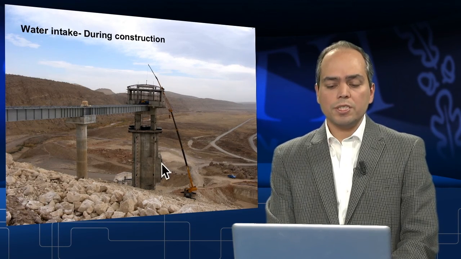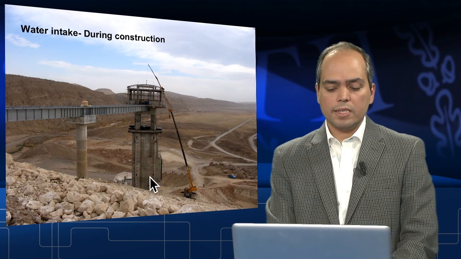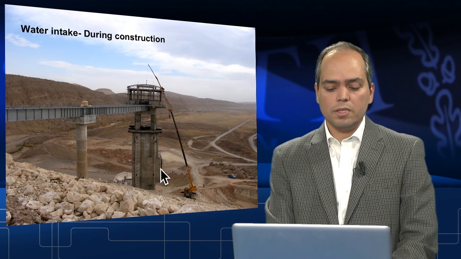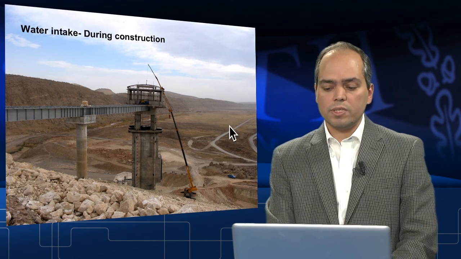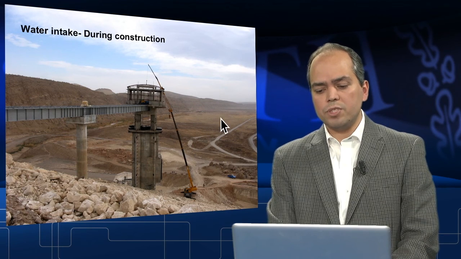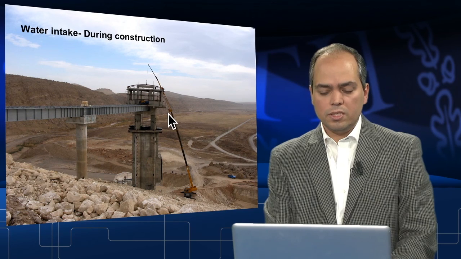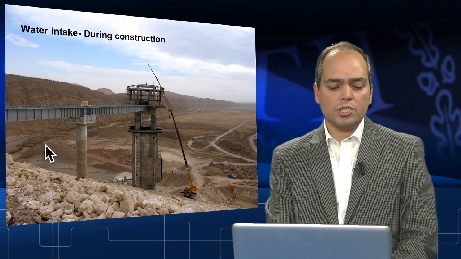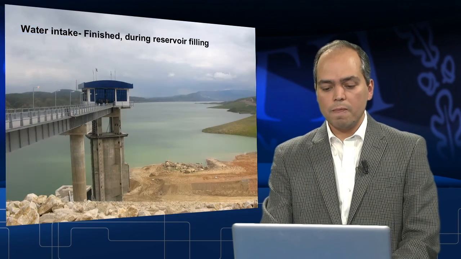So the same project, this is the water intake. As we saw before, water goes inside and then goes under the dam toward the power plant station. This shows the reservoir. In fact, this is during construction. At this period of the year, you could see the river here, and the river is diverted toward the other side of the dam during the construction phase.